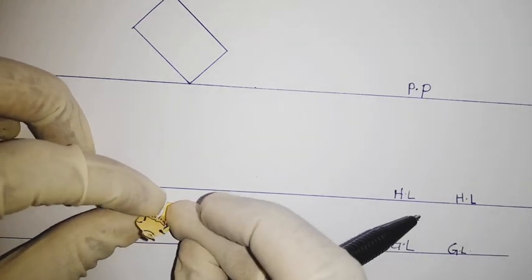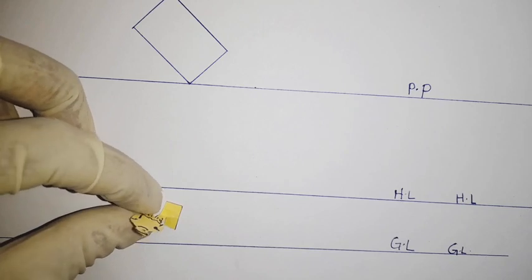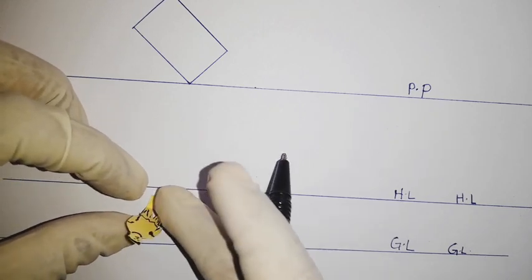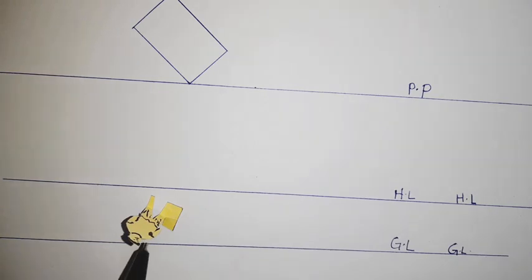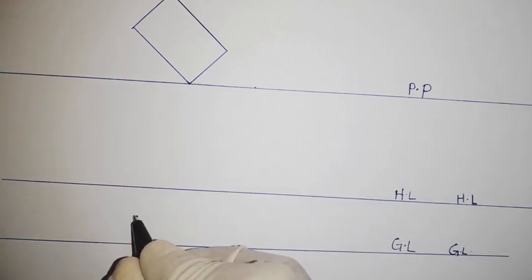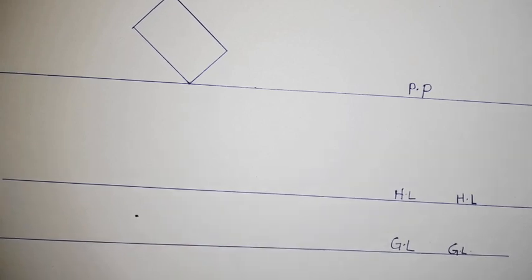So his station point is going to be located at this point. That's where we are going to locate him. And now we can just say, let our station point be somewhere here. We are calling this the station point.